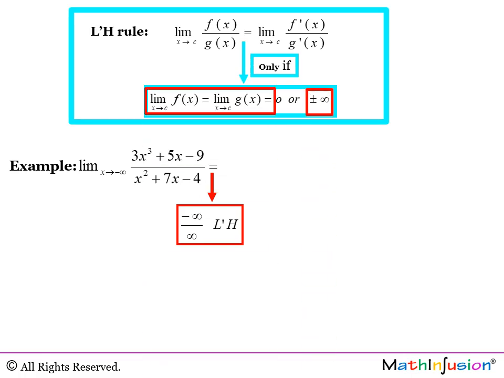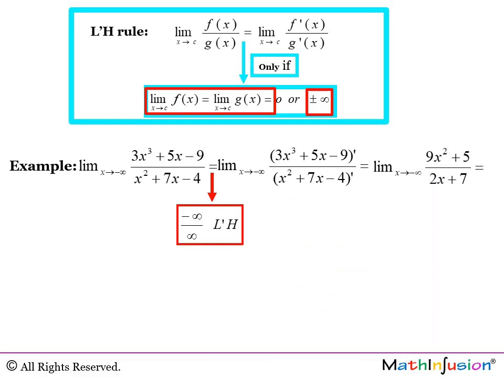Please note that L'Hopital works in this case as well, which means it doesn't have to be infinity over infinity or minus infinity over minus infinity. It is infinity plus or minus over infinity plus or minus. I can use L'Hopital. So we're going to differentiate the top and the bottom, and we get this.